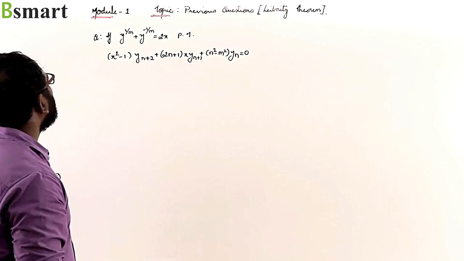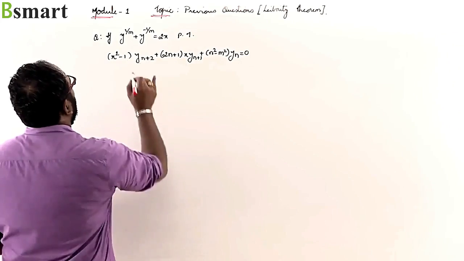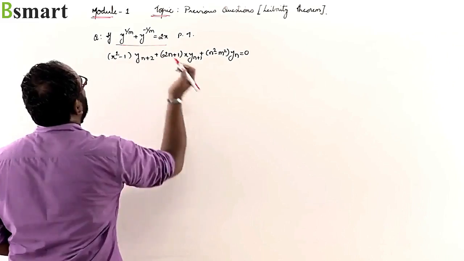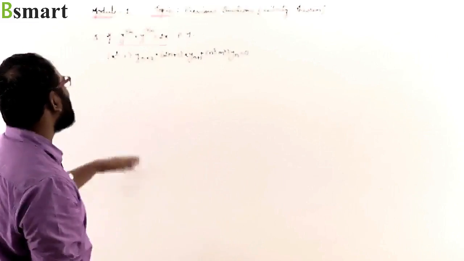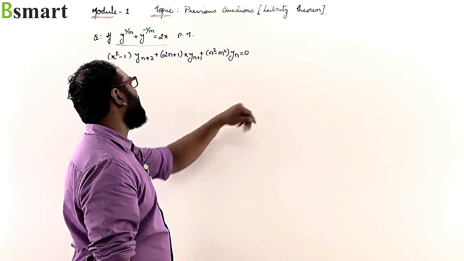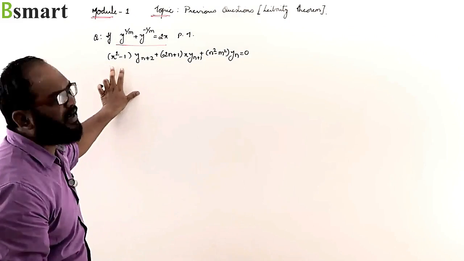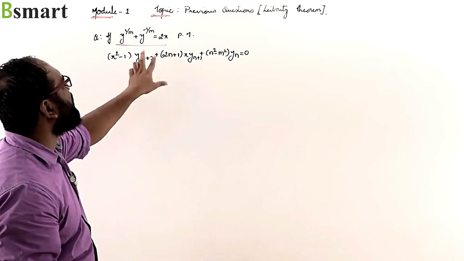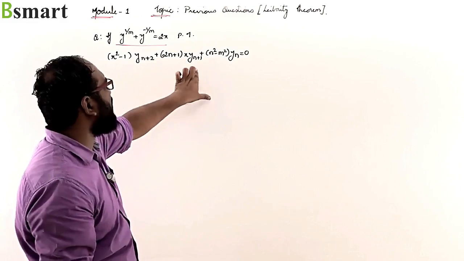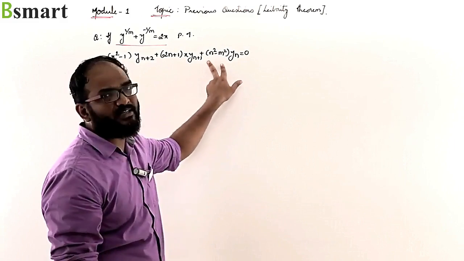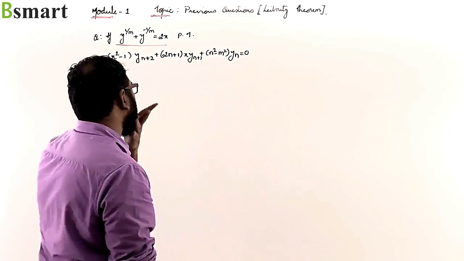Now, given the curve y to the power 1 by m plus y to the power minus 1 by m is equal to 2x, we are asked to prove the following derivation: (x square minus 1) into y_(n+2) plus (2n plus 1) into x y_(n+1) plus (n square minus m square) into yn equals 0.